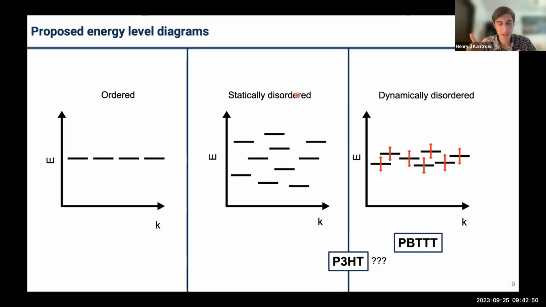And what we've shown in our group as well is that that specific technique is often prone to incoherent artifacts. In the case where you have highly mobile photocarriers, these incoherent artifacts can actually dominate the response that you see in your 2D line shape. Previously, we showed that in semiconductor polymers, P3HT at low temperature, these incoherent mixing effects were negligible.